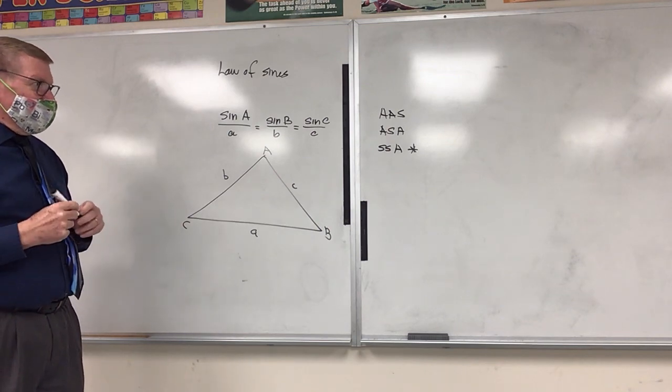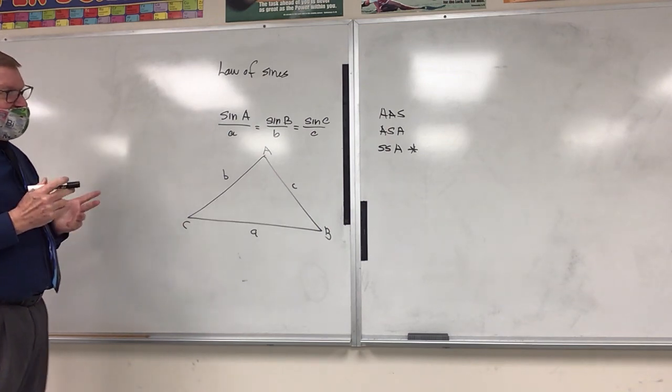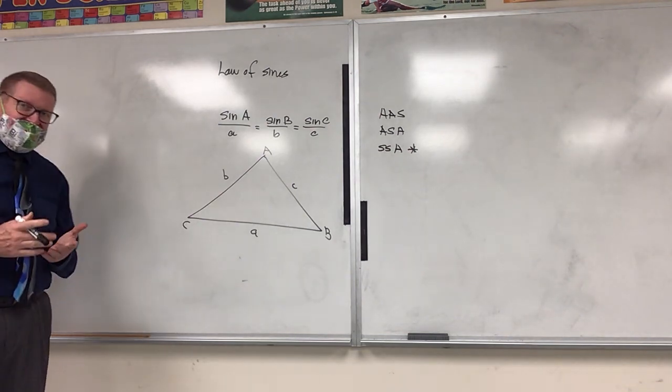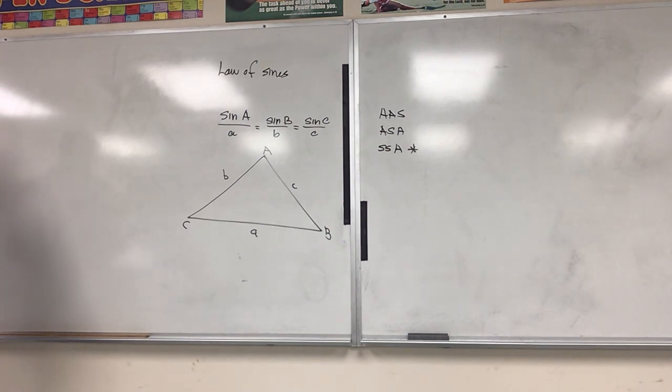That is the case they call the ambiguous case. Because with side, side, angle, I could have no triangle at all, I could have only one triangle, or I could have 2 possible triangles.